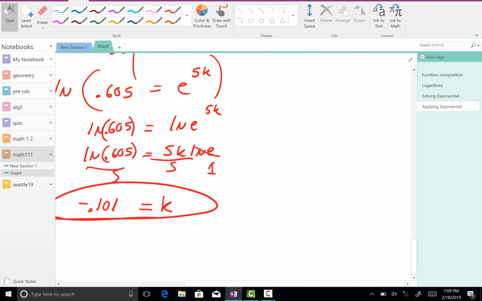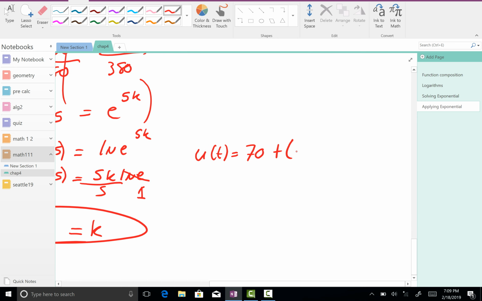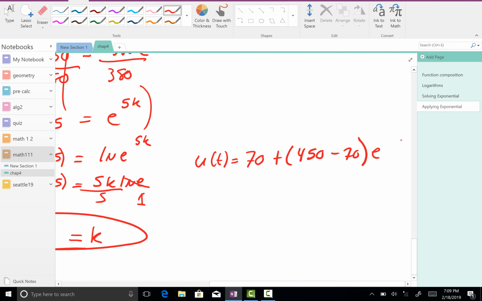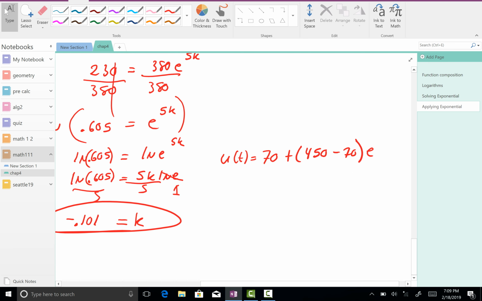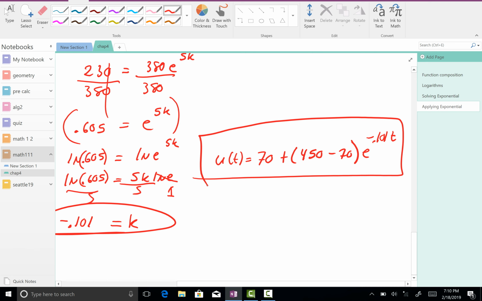So now we can do anything the problem is asking us to do, right? So we have U of T equals big T, which is 70, plus 450 minus 70 times E to the negative 0.101 times T. Now that we know what K is, we have an equation or a model.